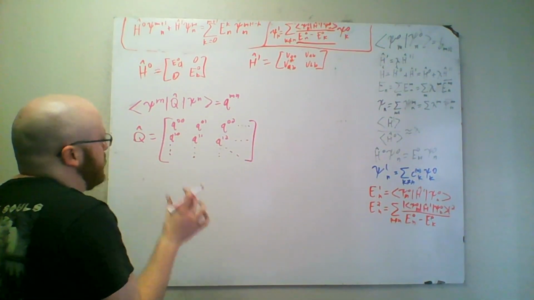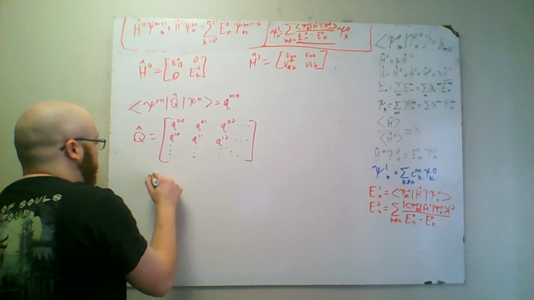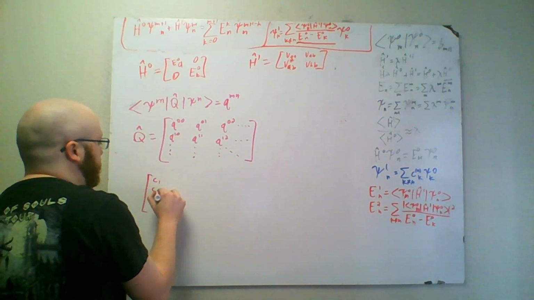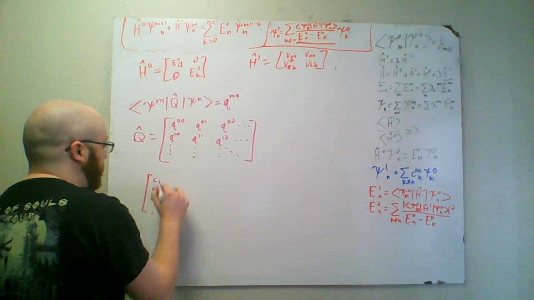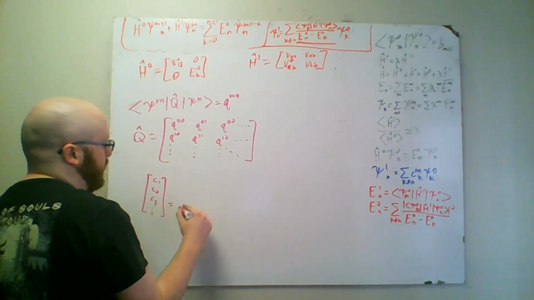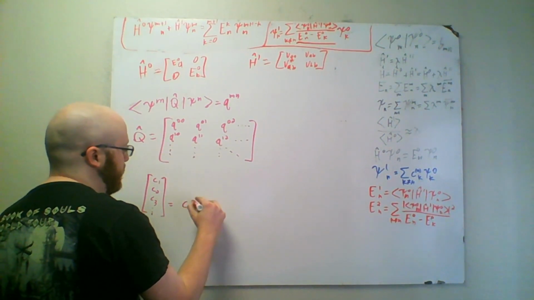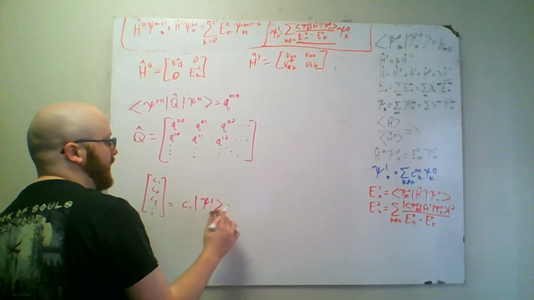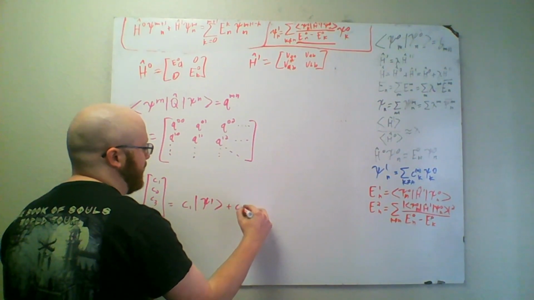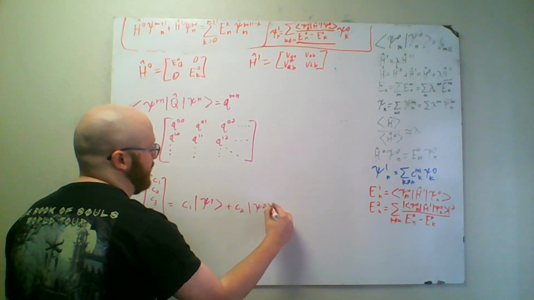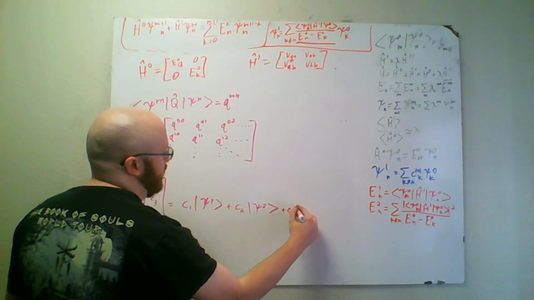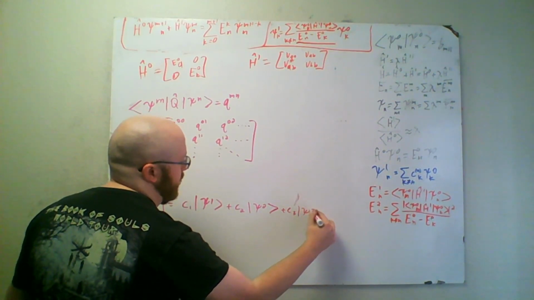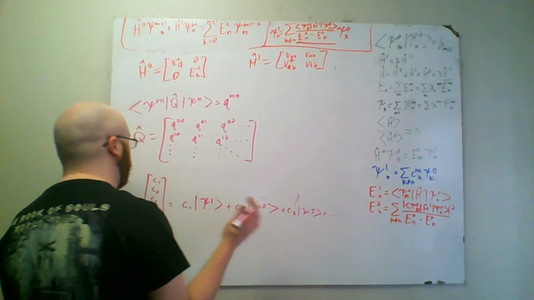And with vectors, once again, same thing. We'll call this C1, C2, C3, dot dot dot. This equals C1 psi1, normally. It doesn't have to be psi to be anything, but C2 psi2, C3 psi3, plus dot dot dot all the way to infinity.